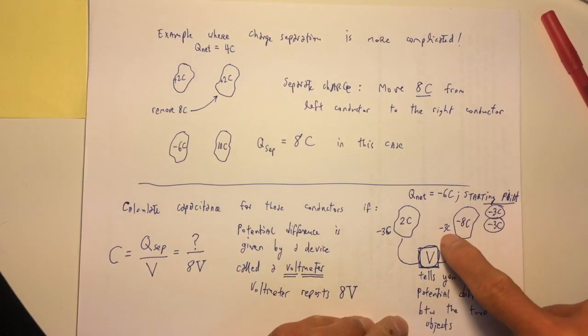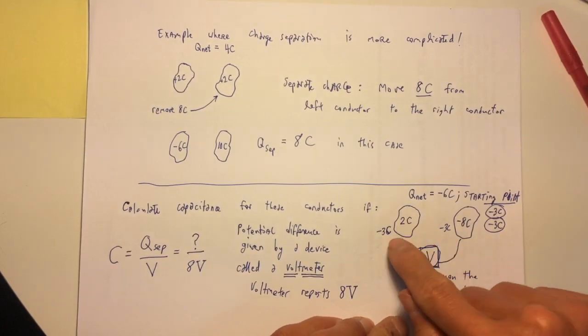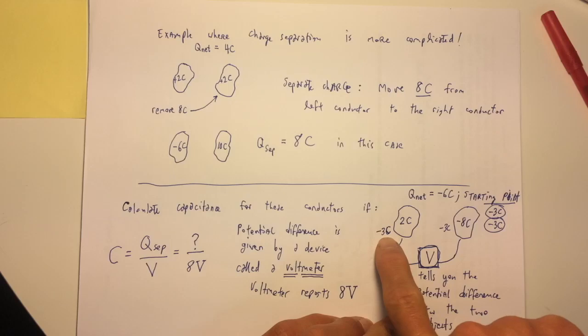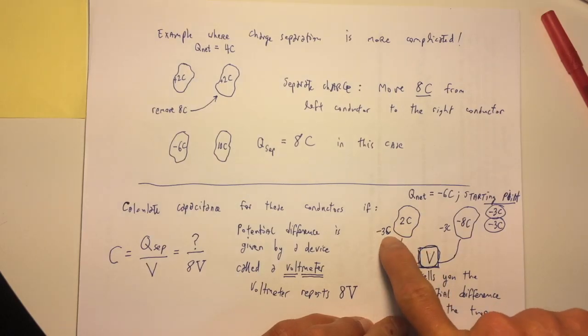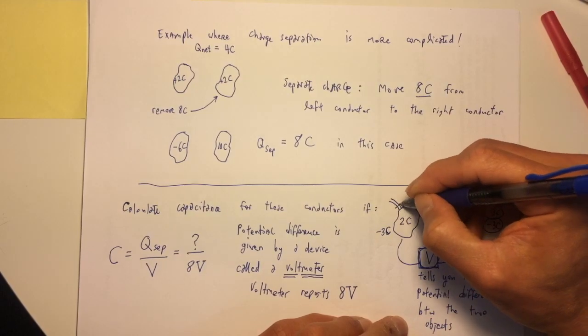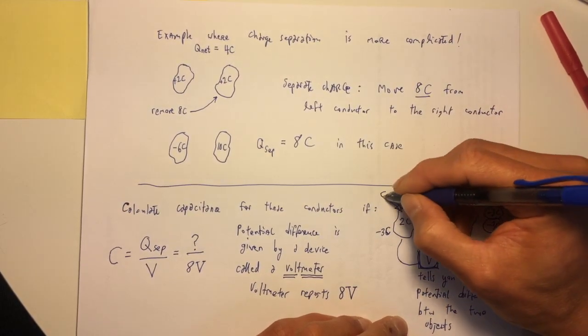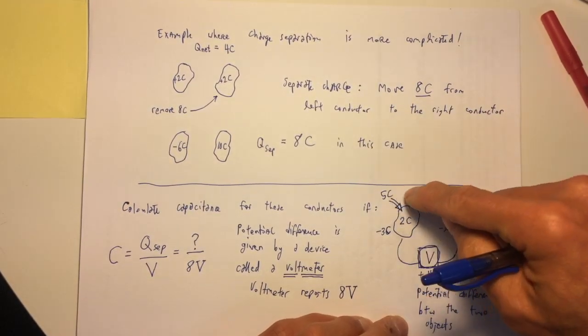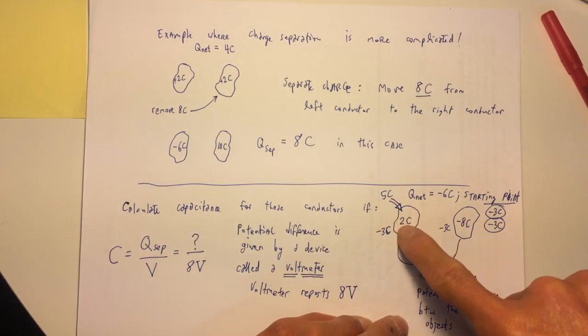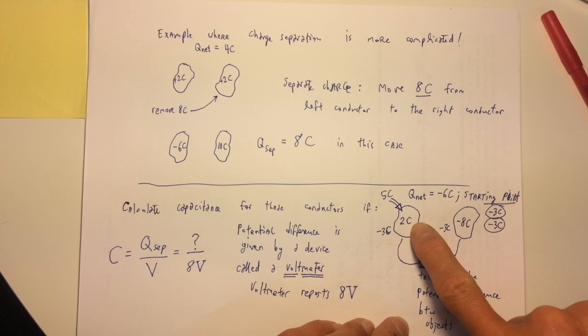If I start with negative 3 coulombs, the way I go up to 2 coulombs is by adding 5 coulombs. Can you see that if I add 5 coulombs there, then 5 coulombs plus negative 3 coulombs gives the ending charge of 2 coulombs?